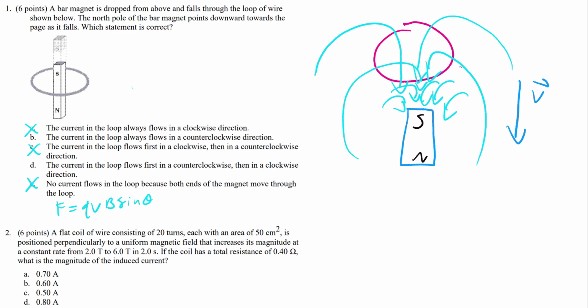So think of it in this way. We have field lines going towards the south pole of the magnet, but the further away that magnet becomes from the loop, the less field lines you'll have, right? So for instance, for a faucet at a sink, whenever you turn the faucet on, initially there's a lot of water coming out. That's a lot of field lines coming out of the faucet.